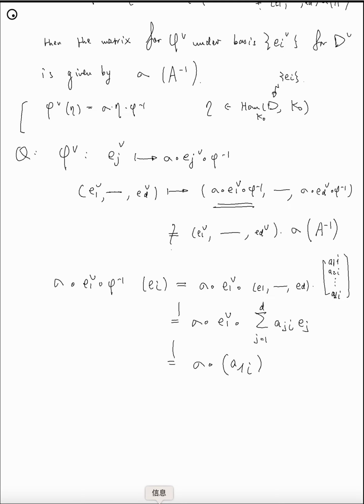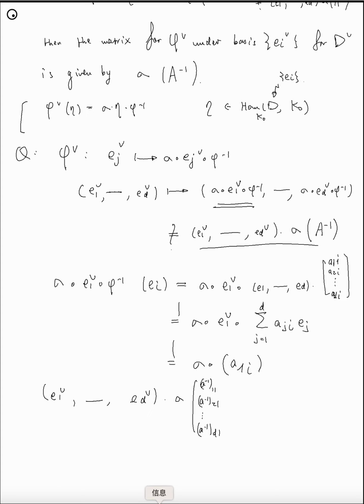On the other hand, let's look at this part. The first component is given by the first row, first column, sigma A inverse, A inverse 21, A inverse D1.